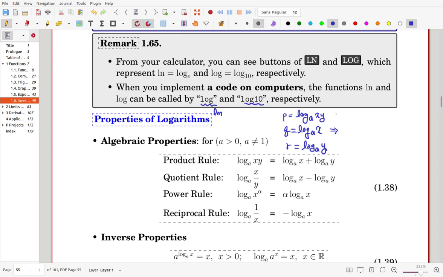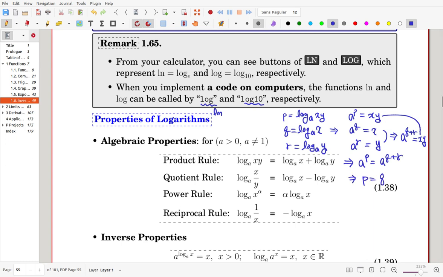Then, from the definition, a to the p is xy, a to the q is x, and a to the r is y. If we multiply these two, we get a to the q plus r is the same as xy. So a to the p is the same as a to the q plus r, the same base, so the exponents must be the same: p equals q plus r.